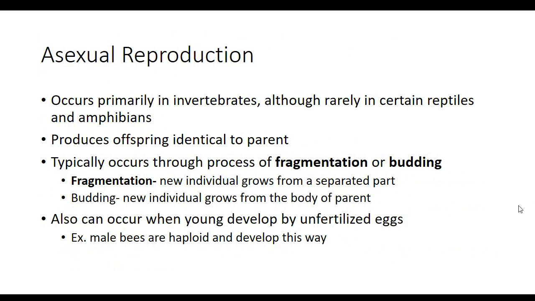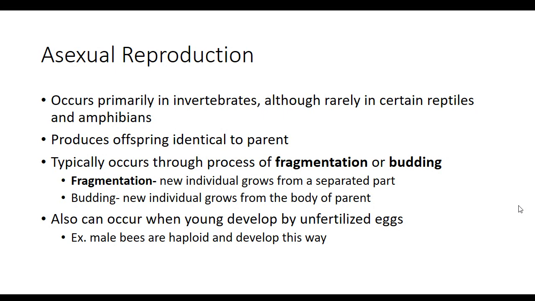Asexual reproduction does occur in some animals, not very many, but it occurs in some invertebrate animals. Some worms. There are some kinds of worms. You cut a worm in half, and each half will grow into a new worm. And that would be asexual reproduction.